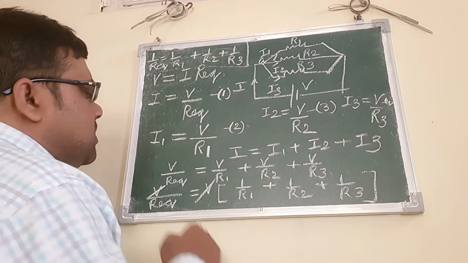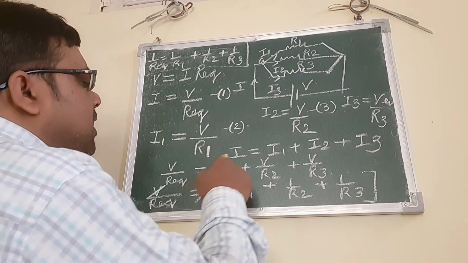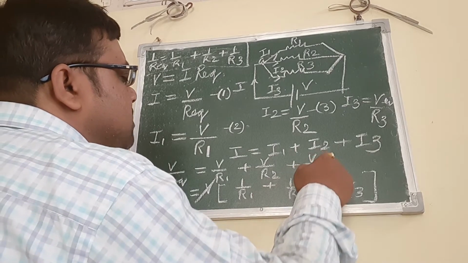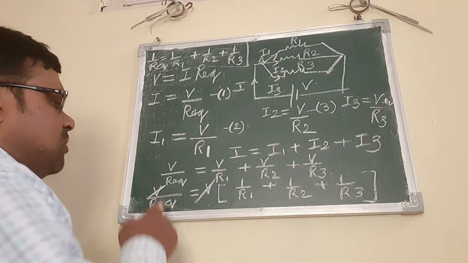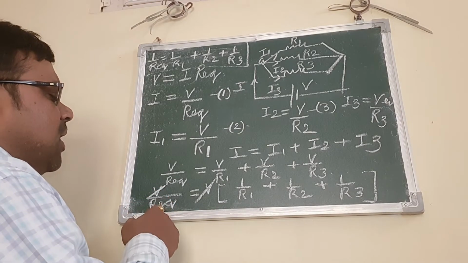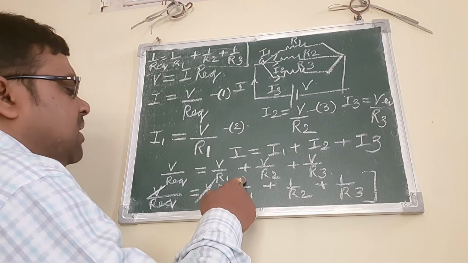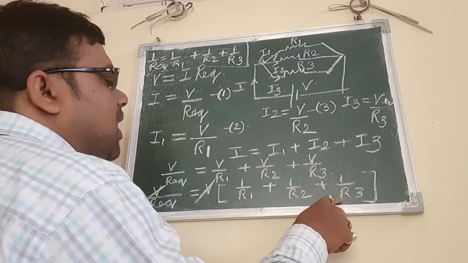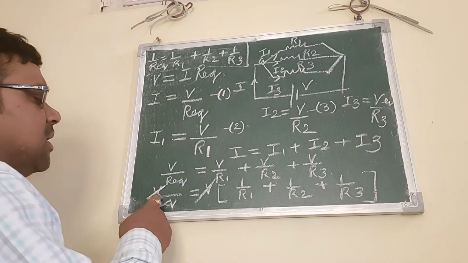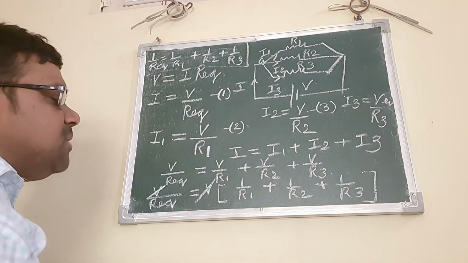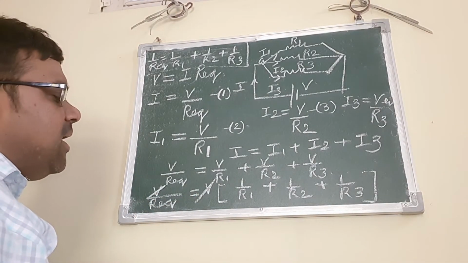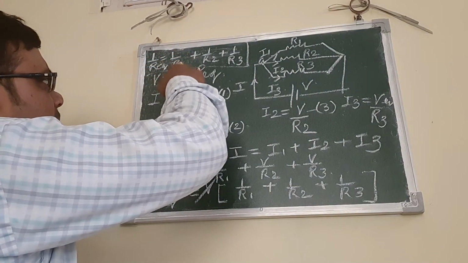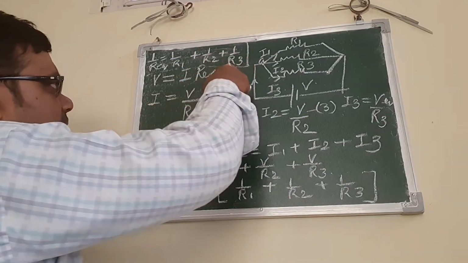So V upon R equivalent equal to V upon R1 plus V upon R2 plus V upon R3. We can take V common. Now V and V get cancelled, as they are on the left hand side and right hand side. So we get 1 upon R equivalent equal to 1 upon R1 plus 1 upon R2 plus 1 upon R3.